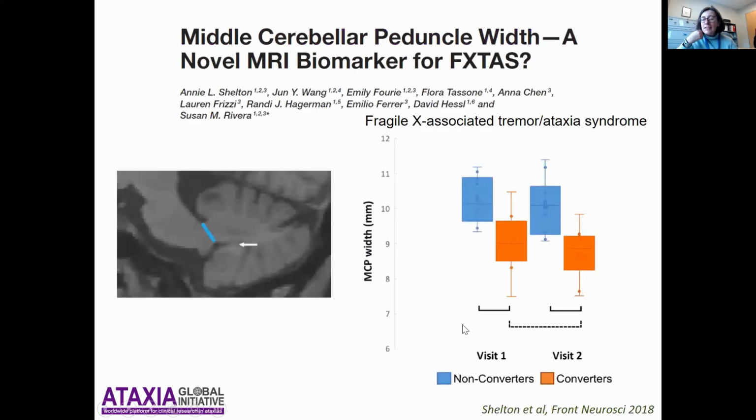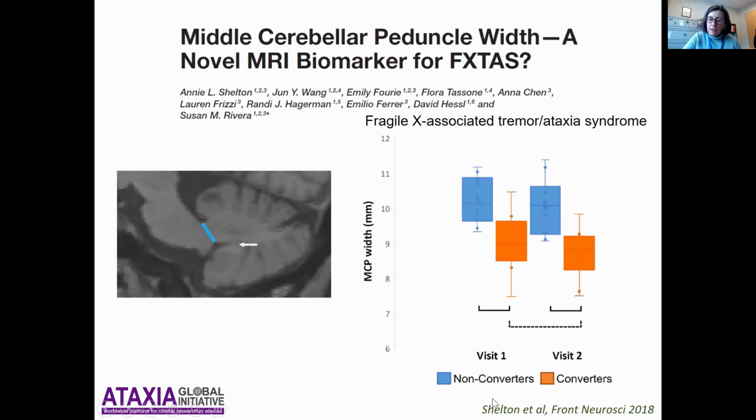And then one final example for potential clinical trial utility, I came across this paper, which I thought was very cool. It's about a potential novel MR biomarker in FXTAS, the X-linked ataxia, fragile X-associated tremor ataxia syndrome. And here they did a lot of T1, T2 image quantification, but they came up with this one metric, a very simple metric, MCP width, that's shown on this image here.